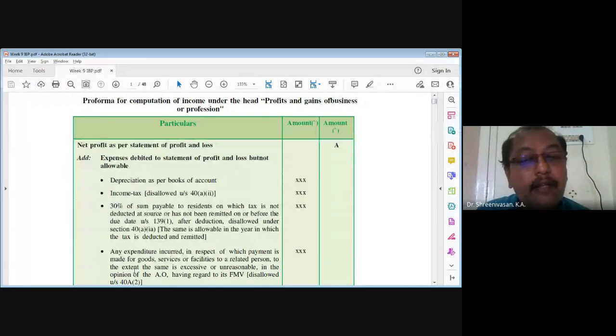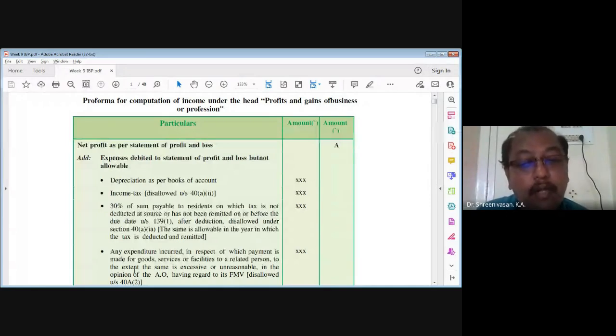And then any expenditure in respect of which payment is made or to be made in future to a person in excess of 10,000 rupees in a single day, otherwise than by account payee cheque or demand draft, is disallowed.